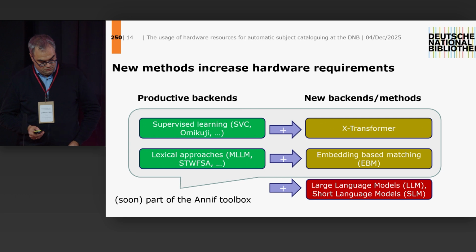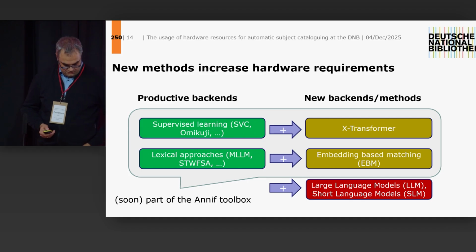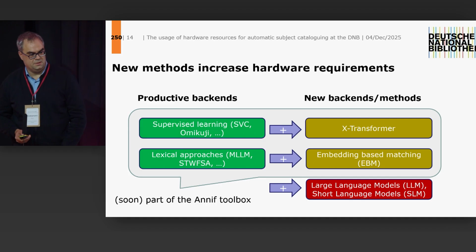Regarding the NF toolbox, supervised learning will shortly be complemented by the X-transformer backend, and as a result of our AI project, the embedding-based matching enhances the lexical approach MLLM and implements an algorithm for matching subjects with sentence transformer embeddings. And finally, we have to handle the well-known large language models, where we are just at the beginning of, I think, a longer journey.